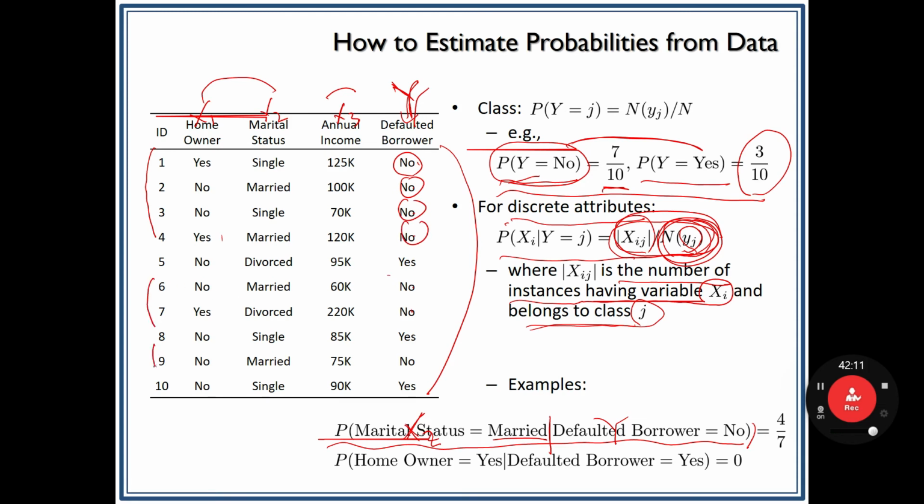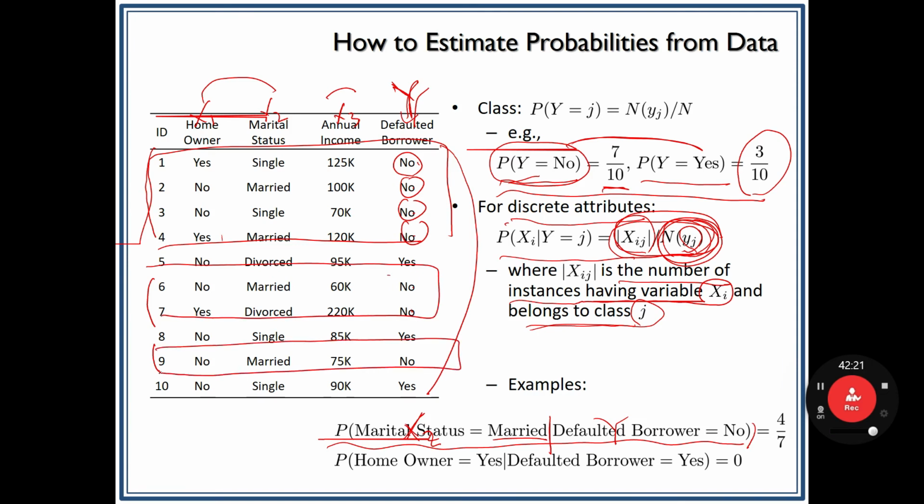This one and this one, 7 rows. Among those 7 rows, how many rows have married as the value of x2?